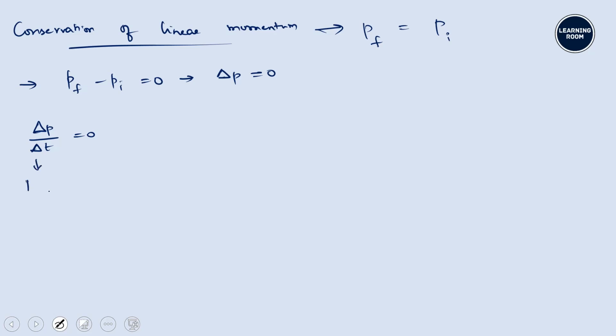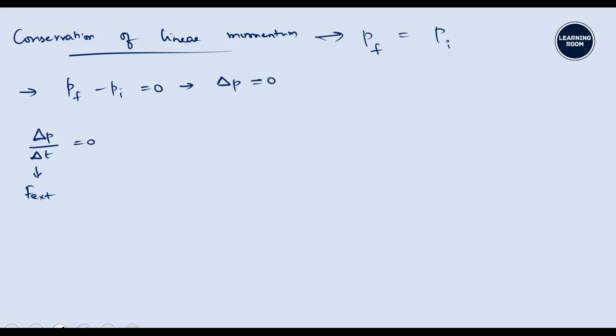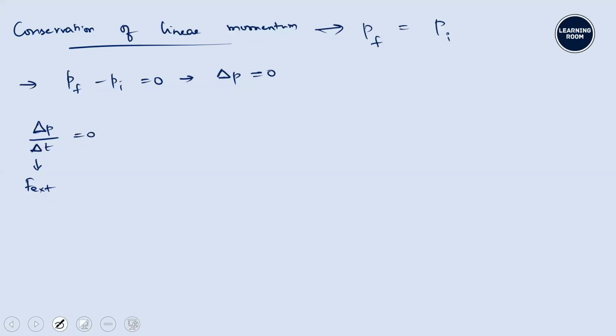It represents the external force. So when the external force acting on the system is 0, right, what can you say? Linear momentum is said to be conserved. And that is going to be the statement for conservation of linear momentum.